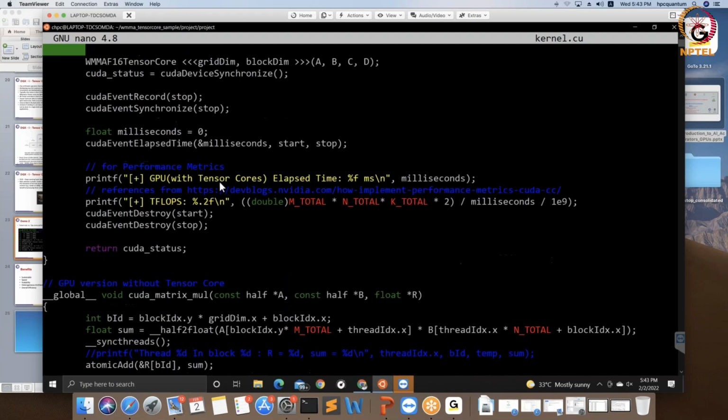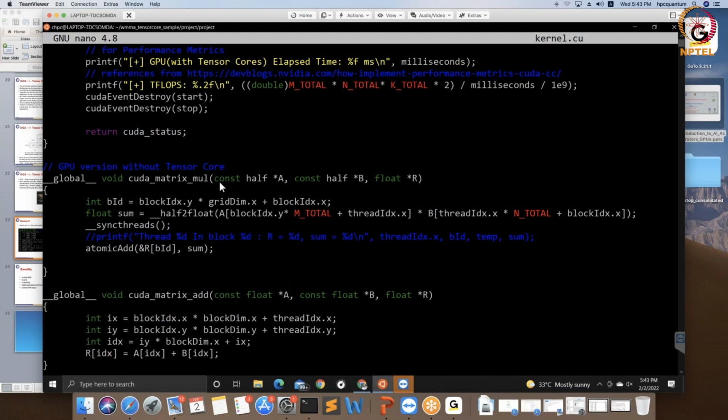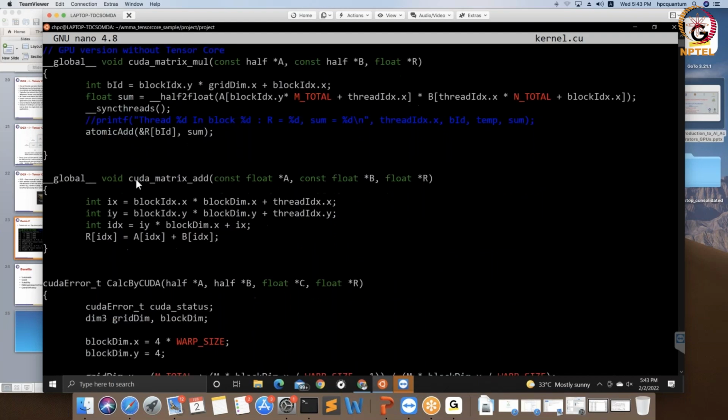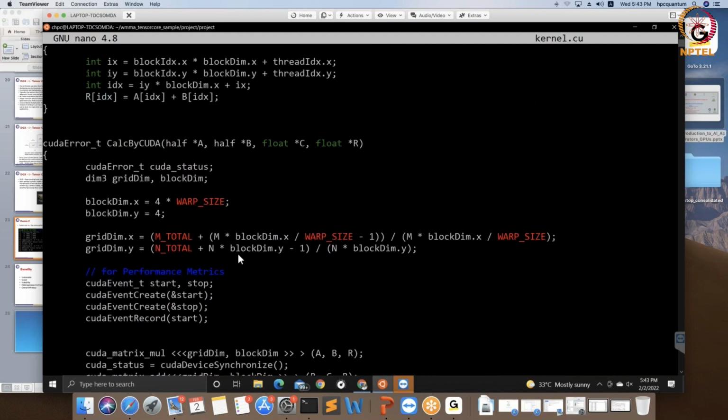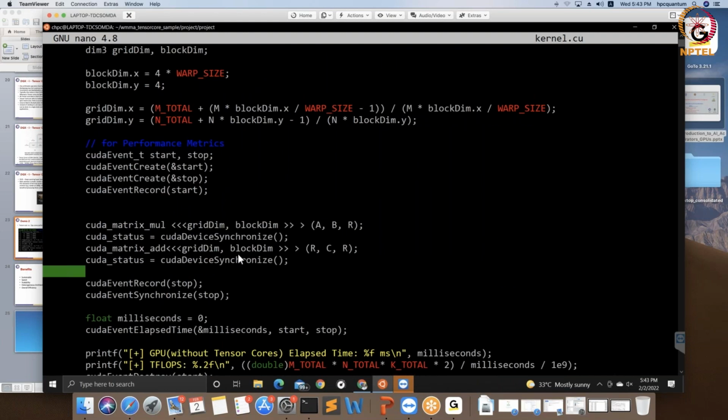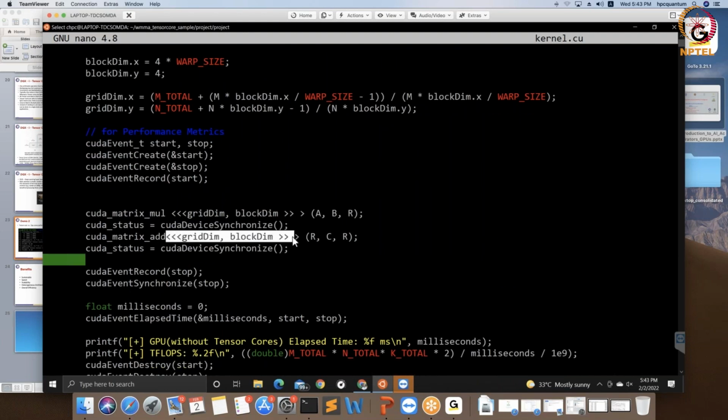And then this is a GPU program without the tensor core, wherein you just do CUDA matrix addition, use the same block IDX, block dimension, and then come up with this. Then you do the same thing, and then you run this using the grid dimension, block dimension type of thing.